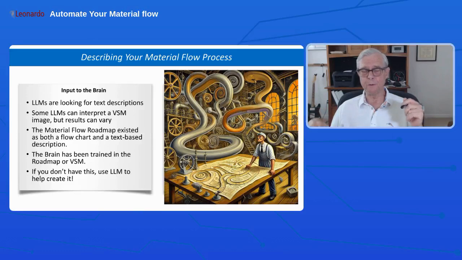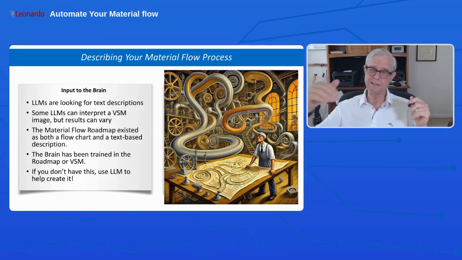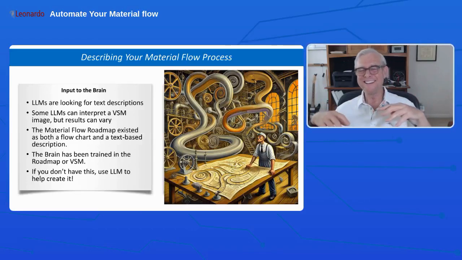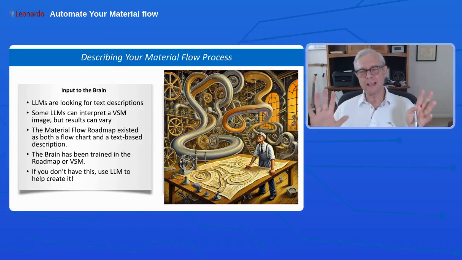So we have a material flow roadmap that documents, essentially gives you a starting point for the design of how it should work based on best practices, based on how Toyota does it very successfully, etc. And so we've documented that, and you'll have access to that. And if you don't have something that's as complete as you want, you could, of course, use, it seems circular, but you can use a large language model to help you design it as well.